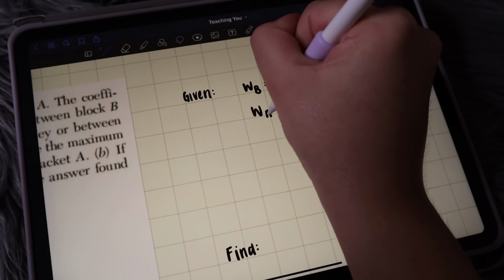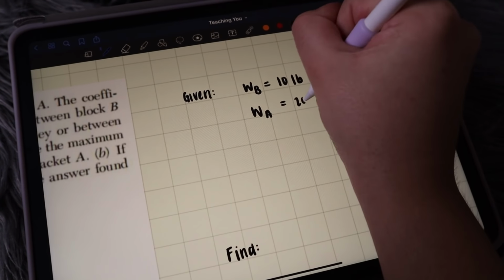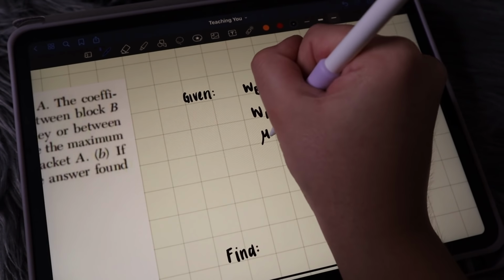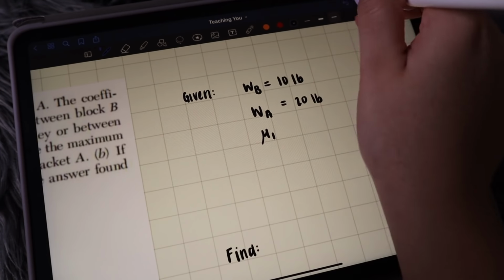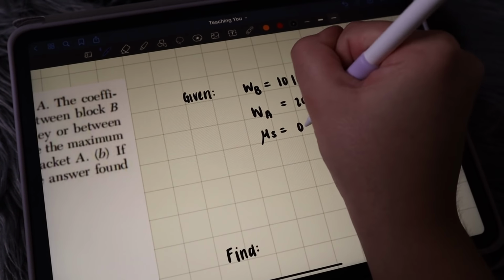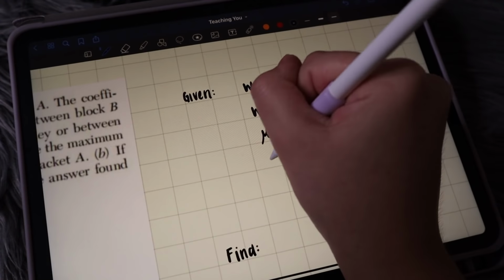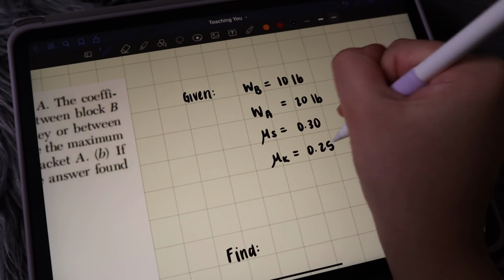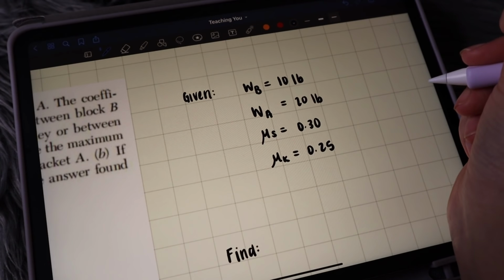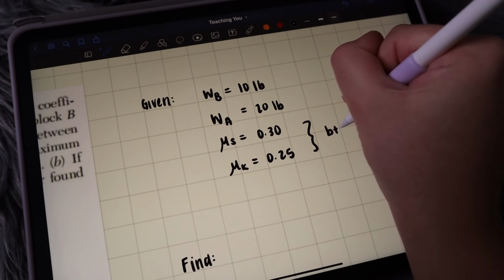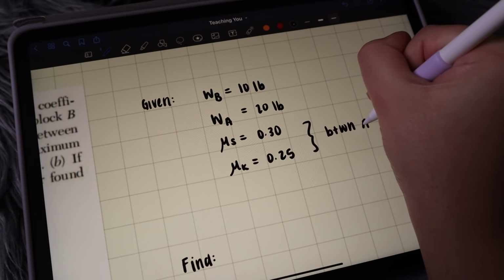We're given the weight of A, that is 20 pounds, okay? And we also have the coefficients of static and kinetic friction. So we have μs = 0.30, μk = 0.25. So again, this is between A and B.